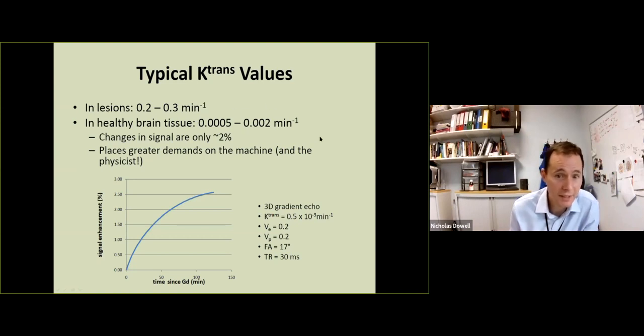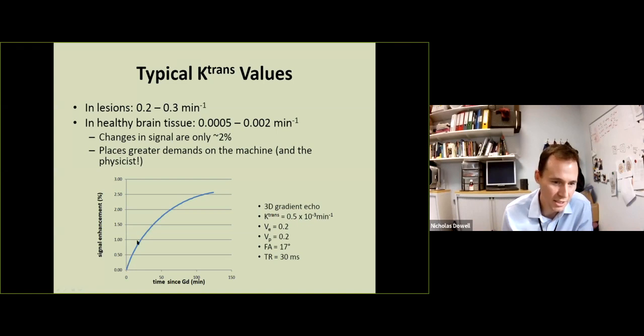The downside of having this low permeability is that signal changes are very tiny. So if you simulate what kind of signal changes you expect to see on a regular T1 weighted image, you end up with a graph like this that shows a signal enhancement as a result of natural, healthy blood-brain barrier permeability with gadolinium.